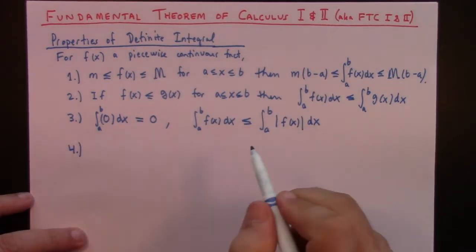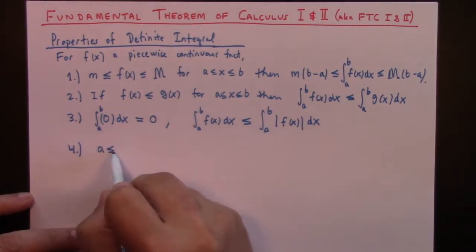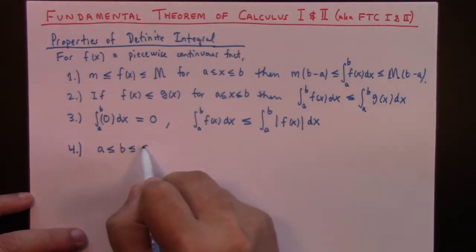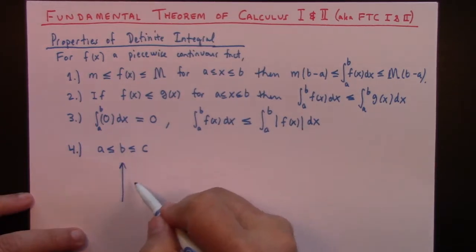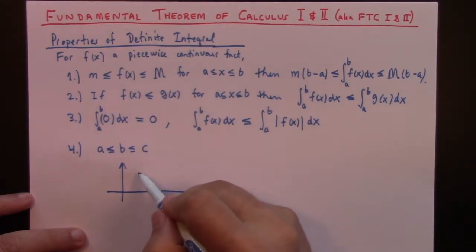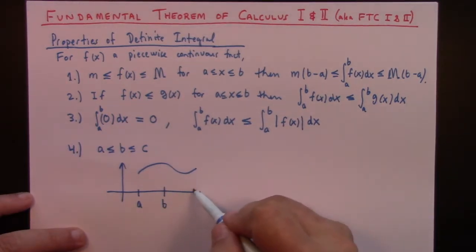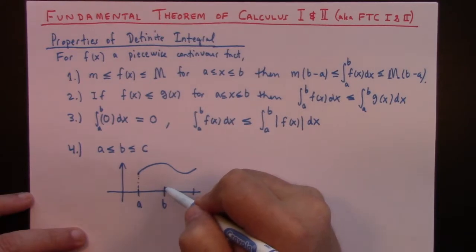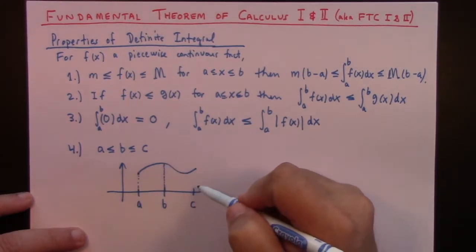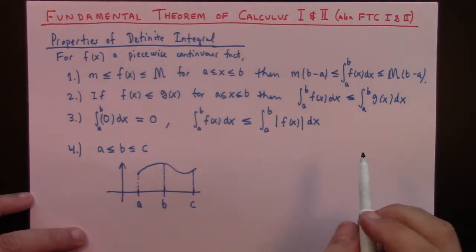All right. Let's see here. Another property of the definite integral that'd probably be good to know. If you have a less than or equal to b less than or equal to c, right? Then if you think about the picture, something like this, a, b, c, it's fairly clear, I think, geometrically, that the area from a to b plus the area from b to c should be equal to the area from a to c.